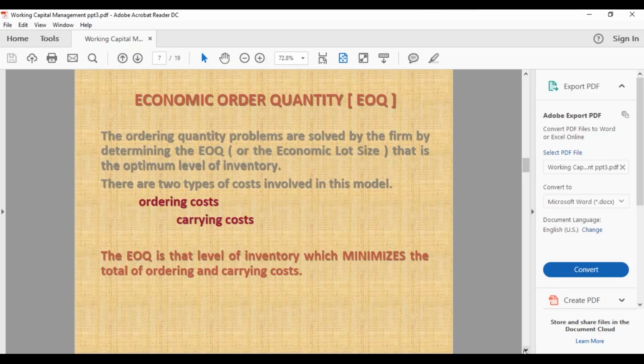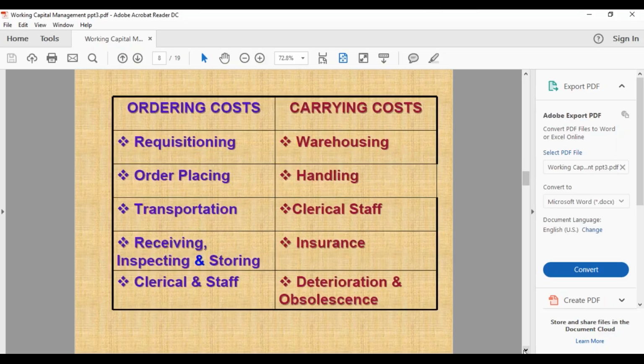Ordering means some costs are involved while placing the order and procuring the goods, and carrying means maintaining the inventory, like keeping it in stock. That also involves some sort of cost. So ordering costs are requisitioning.